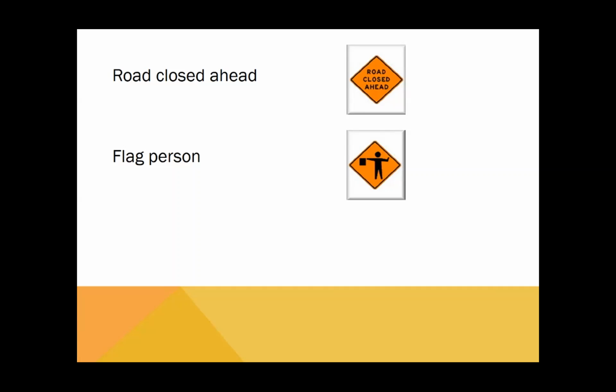So say you're in a construction zone where there's only one lane that vehicles can go down, but there's vehicles coming from both directions that need to use that one lane. That's when you'll have a flag person oftentimes putting a stop sign up there, so everyone needs to wait while the other traffic comes through, and then they'll switch it and tell you that you can proceed ahead, or they can have signs that say slow down or reduce speed.